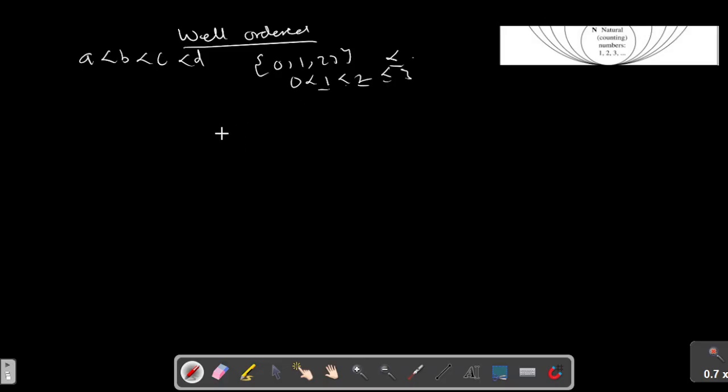So here, if the rule says that A is less than B, or A is less than or equal to B, then we can say that A plus C should also be less than B plus C. This means that our system is very well ordered.